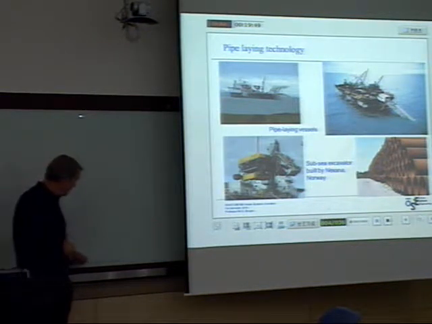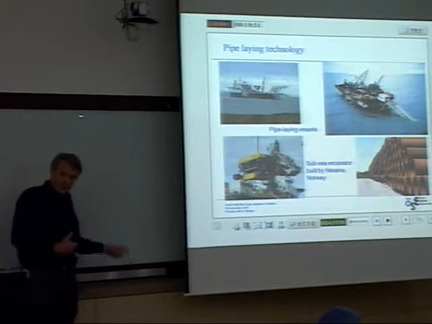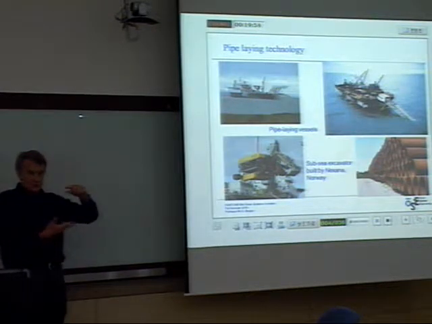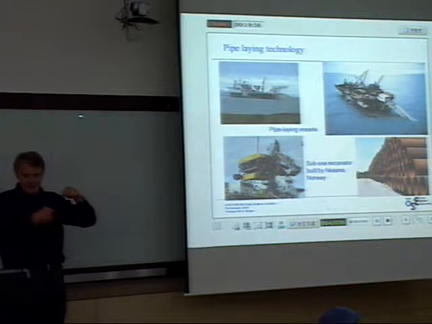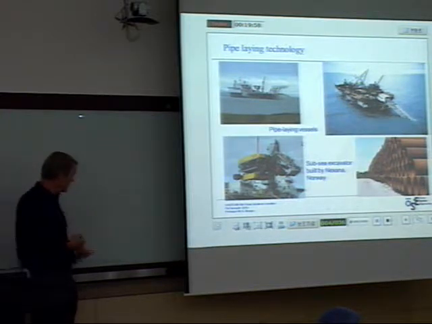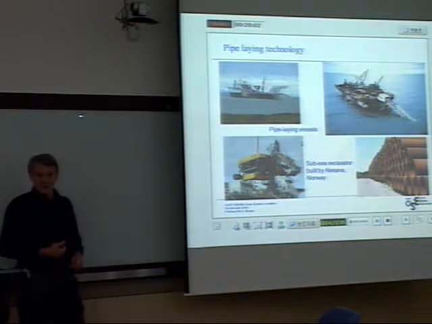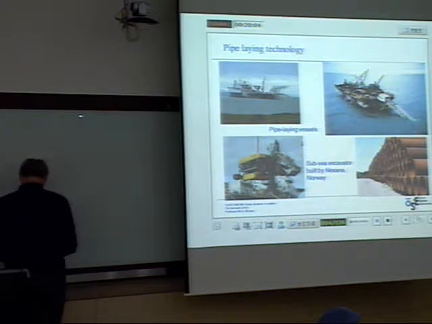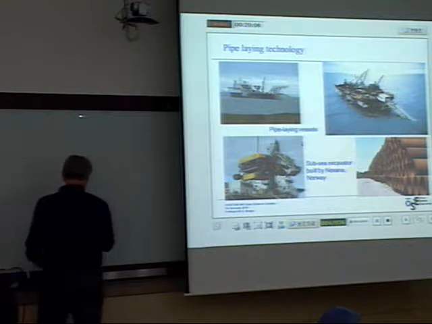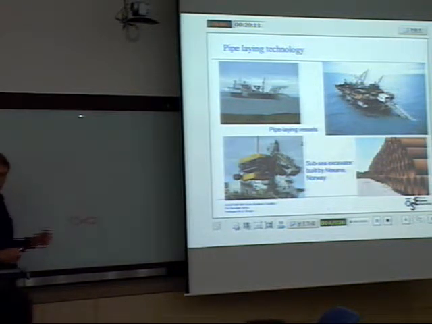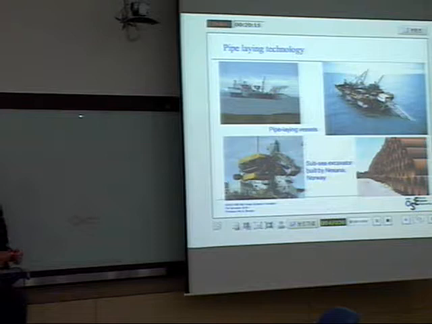If you get a buckle here, it may start running because of the water pressure. As soon as you get an initiation of buckling, it can run almost with the speed of sound along the seafloor, and the pipe ends up looking like this because of the water pressure. That's called dog boning. Looks like a dog bone.